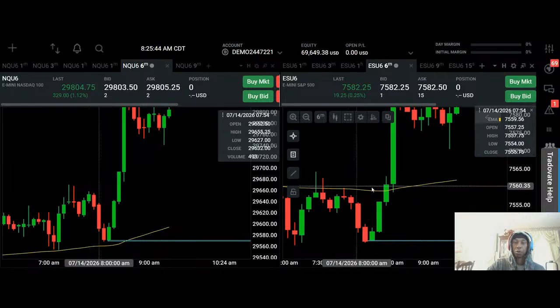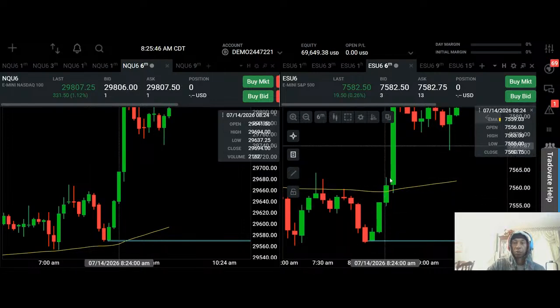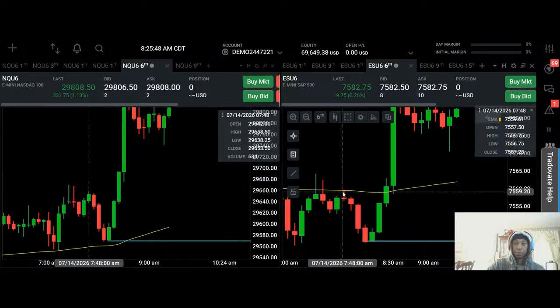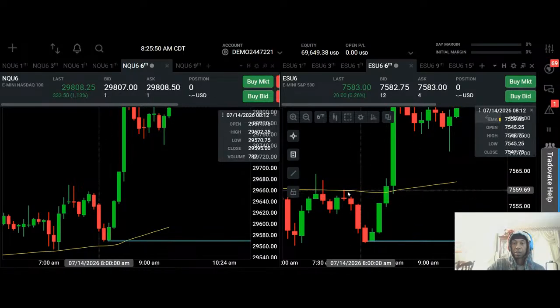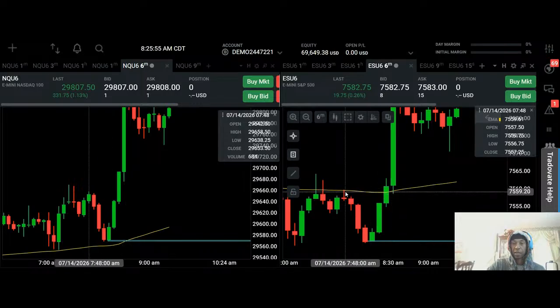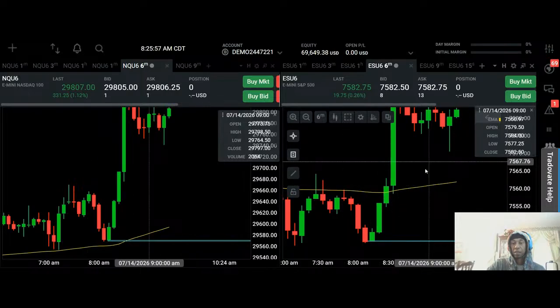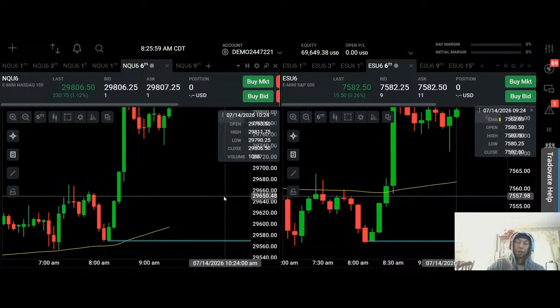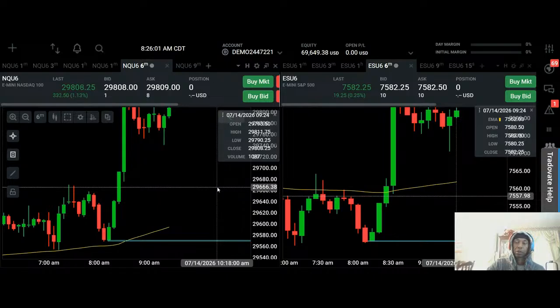Now, preferably, I like to see one candle with a fair value gap go through this high. But in this case, it's got close here, then you got a wick here that's lining up with this wick. It'll still work. And I will take that trade if it shows up.